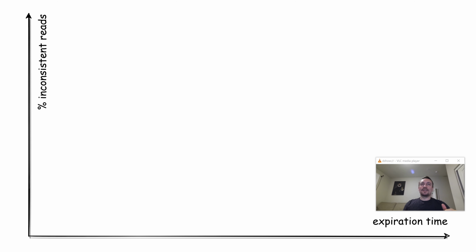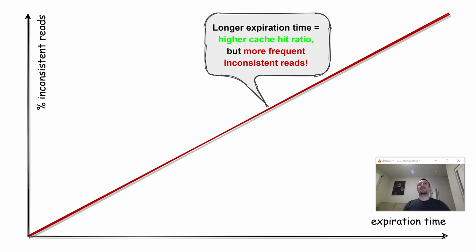Let's look at this from a caching perspective, because any system with a cache is eventually consistent at best. Let's say you have a regular cache, and you can set an expiration time there. If you set a longer expiration time, then you get a higher cache hit ratio, a desirable property.